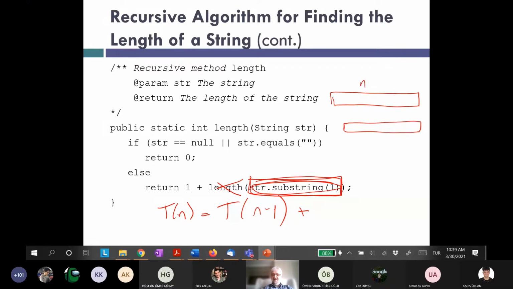For this string, we have n characters. For this new string, we will have n minus 1 characters, and everything here is copied into this one. Since in Java strings are immutable, that needs to be done, and it is not a constant time operation because of this. Is it clear? We have to copy n minus 1 elements from one location to another to perform this substring operation.